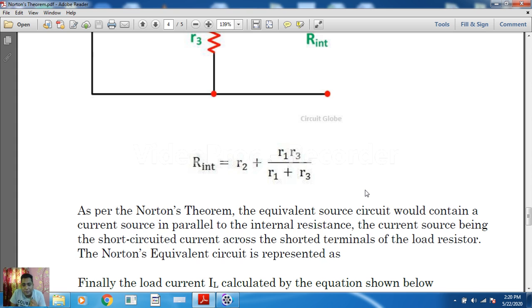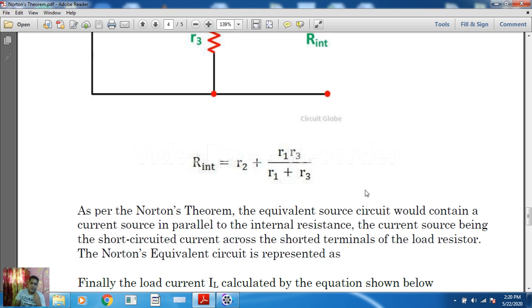And the load resistance we initially disconnected is also connected in parallel. So three parallel paths will be there. One is the current source In, next is Rn, and last is RL.